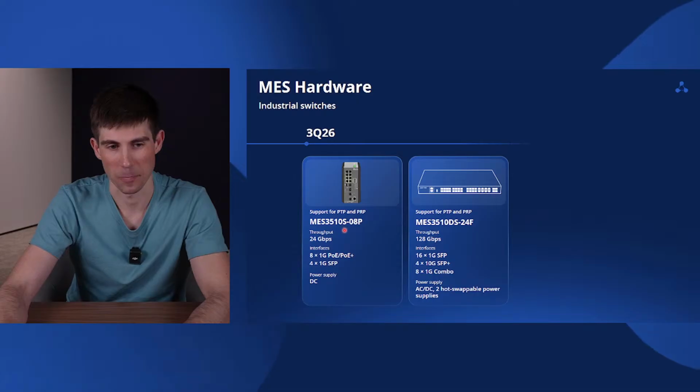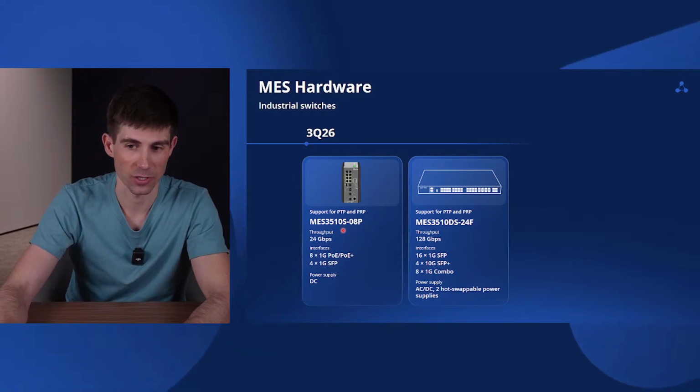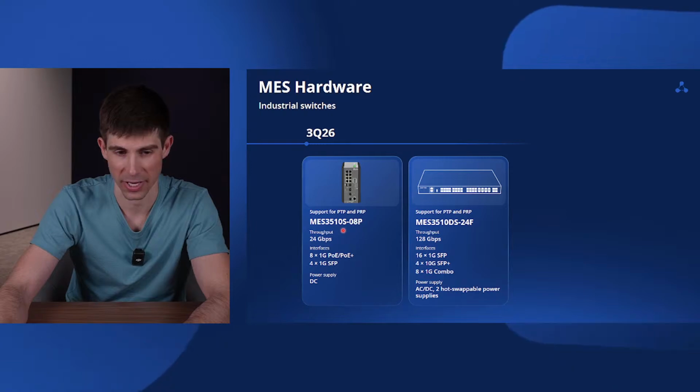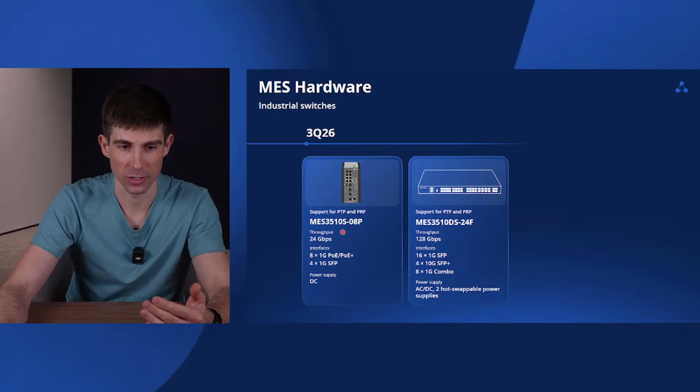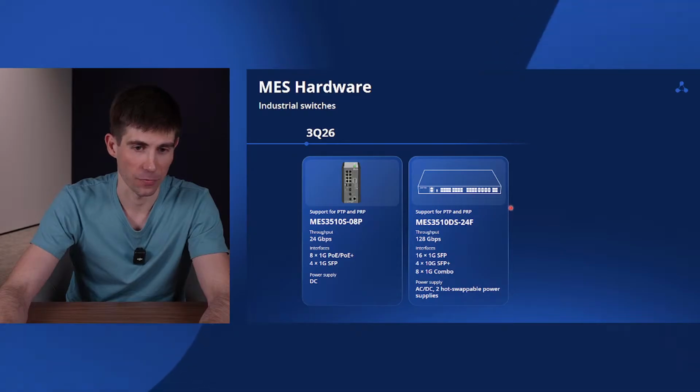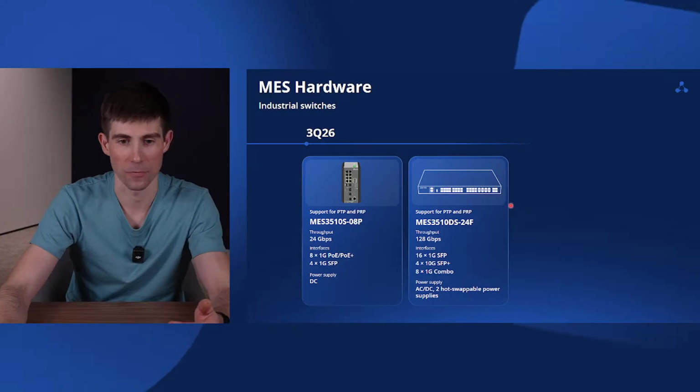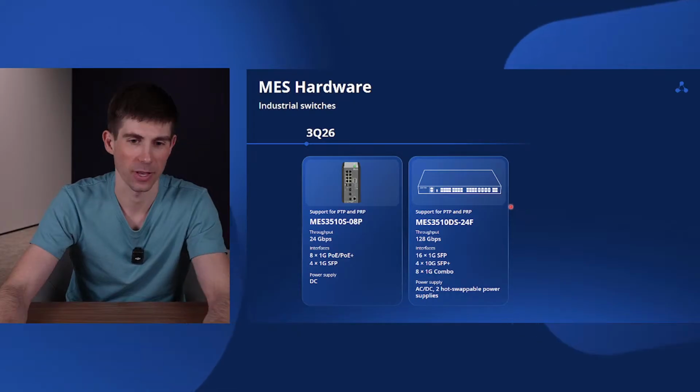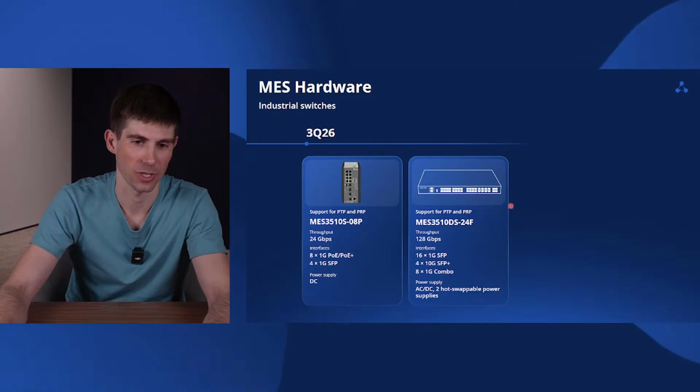They can be used in environments like SCADA, where redundancy and seamless high availability are really important. And they both will have this once we have the software, ROS 6 version 6.6.13, available.